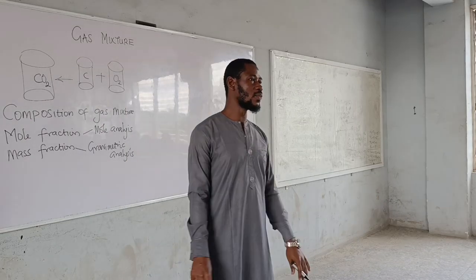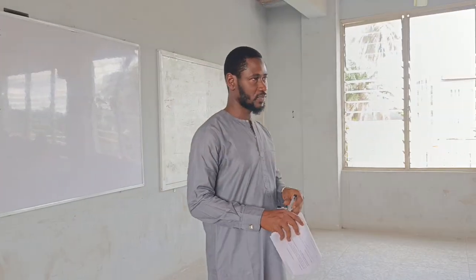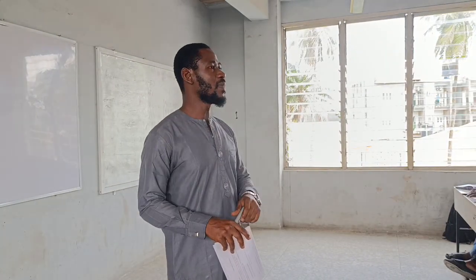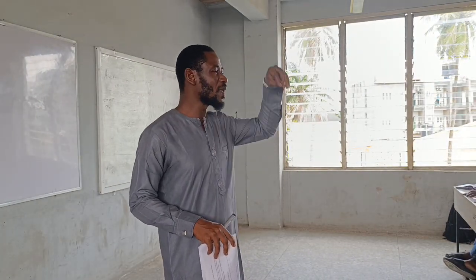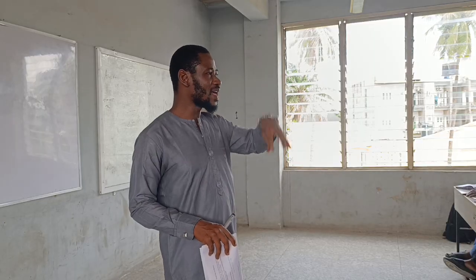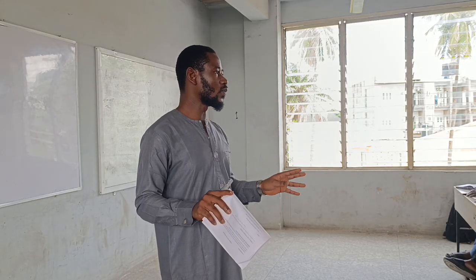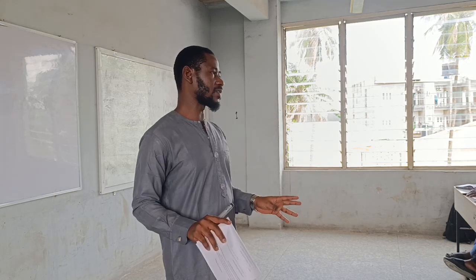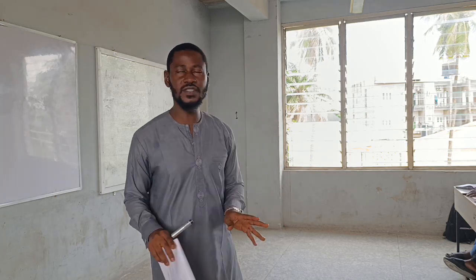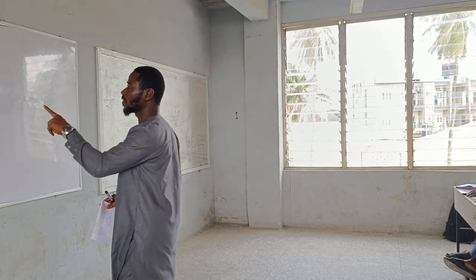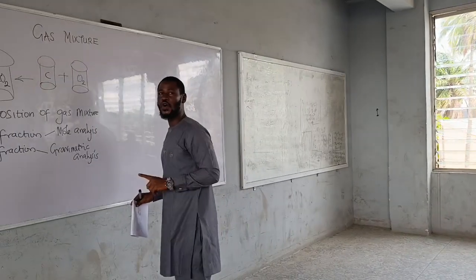When we are talking about mole fraction or mass fraction, a mass fraction is the amount of mass that is present in a mixture of a particular mass. A typical example, going back to the example I used on the board, is carbon 4 oxide.